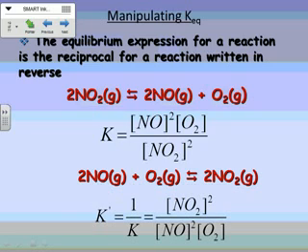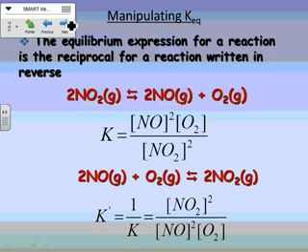Okay, we're talking about how you can manipulate K. All right? So what it becomes is basically the inverse of K. If I write the reaction in the opposite direction, if I flip the equation around, then I change my K to 1 over K. And what we're going to do here is like a Hess's law type thing, where we can add these reactions together, and we have to manipulate K based on what we're doing to the equation.